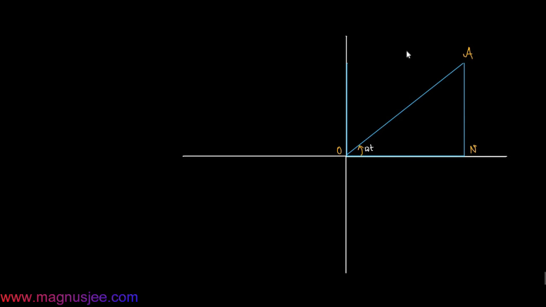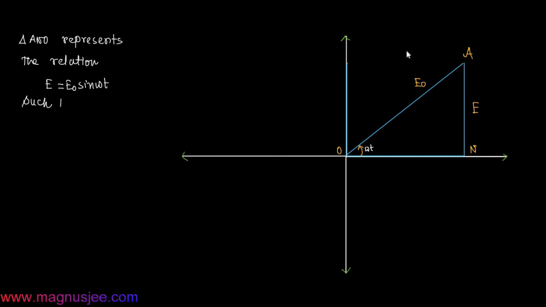The right angle triangle ANO will represent the voltage E equals E0 sin omega t of the AC source, such that its hypotenuse OA is equal to E0, the peak value of voltage, and the perpendicular AN is the instantaneous voltage E.